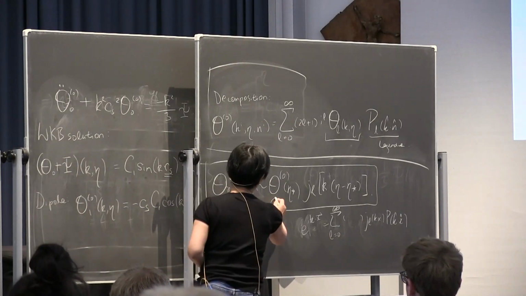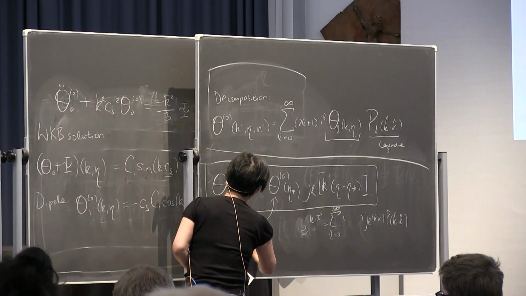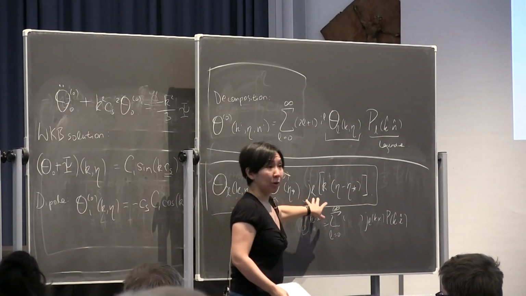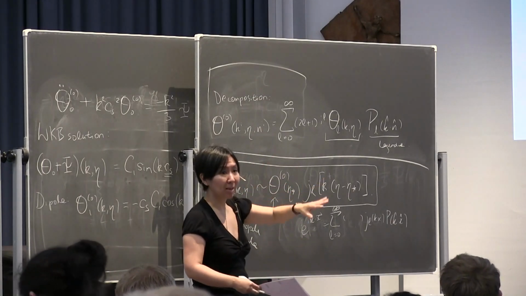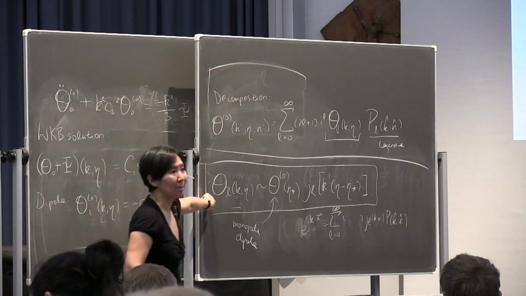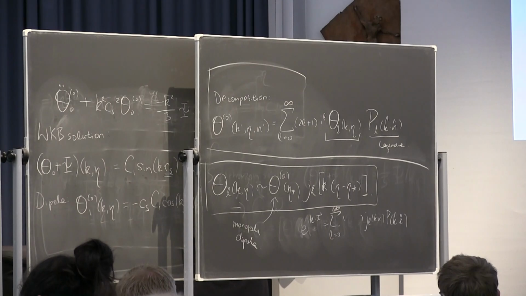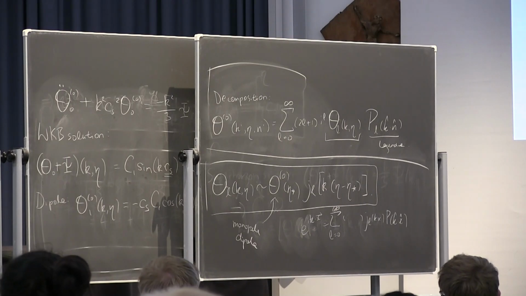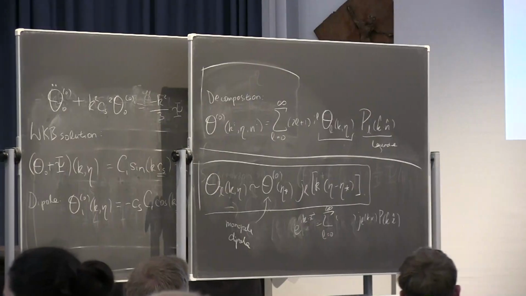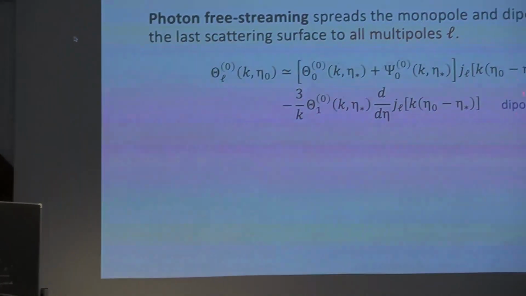So you have the monopole and dipole solutions over here, and then you tack onto that the set of spherical Bessel functions that would bring these perturbations from the monopole to the dipole and spread it all to the higher multipoles. So that's the effect of free streaming. That was a schematic discussion of what free streaming does. You can actually do it properly, and what you find is that the monopole gets spread practically as what I've written up here.